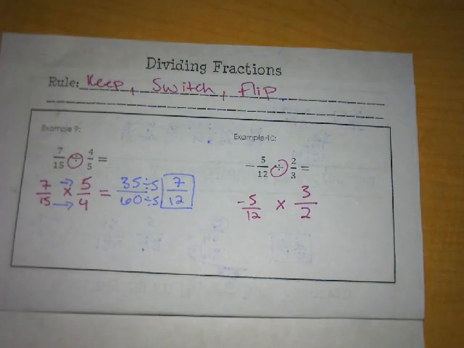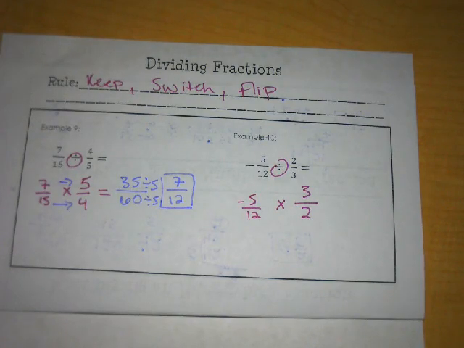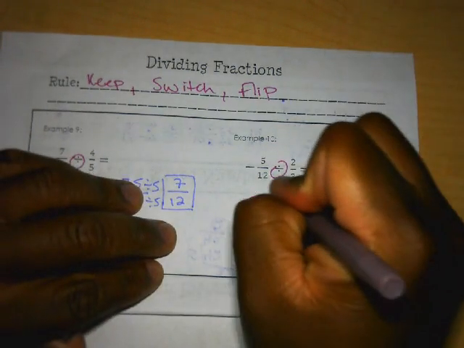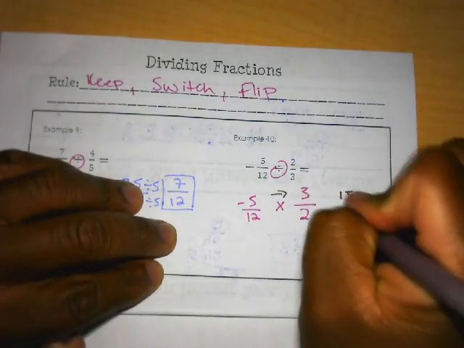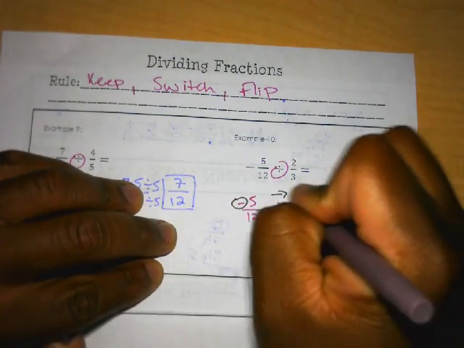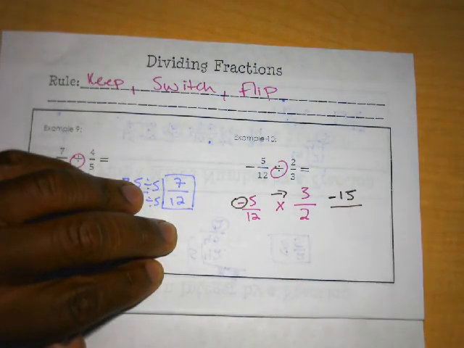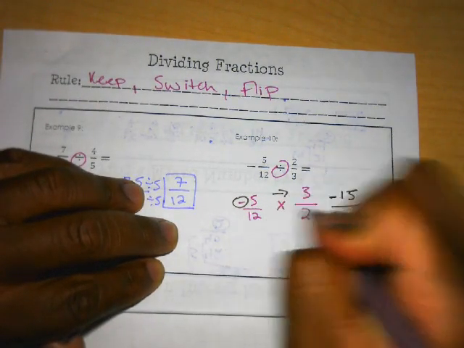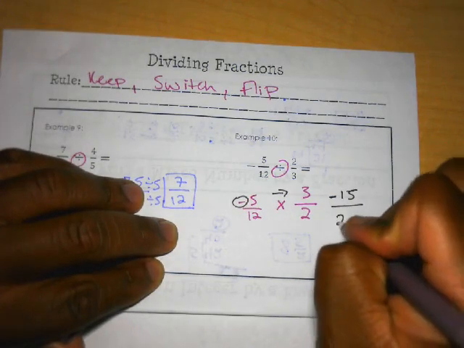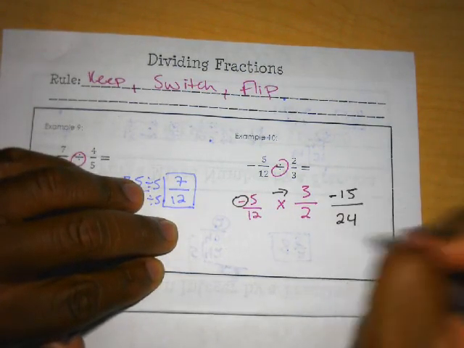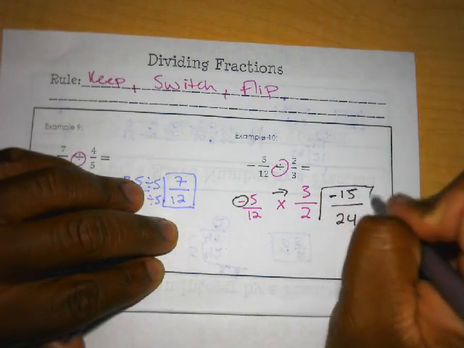And then now we just multiply straight across. And so 5 times 3 is 15, and since this is a negative and there's no negative here, that is a -15. The signs are different. Okay, and then now we do 12 times 2, and that is 24. I cannot simplify that, so that is my answer.